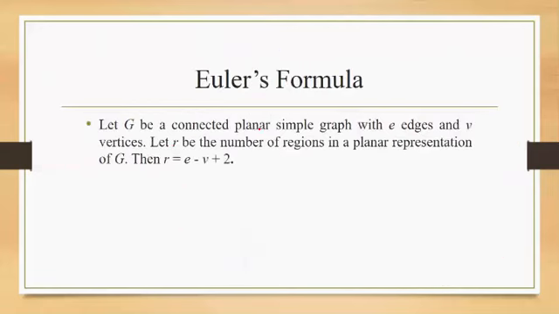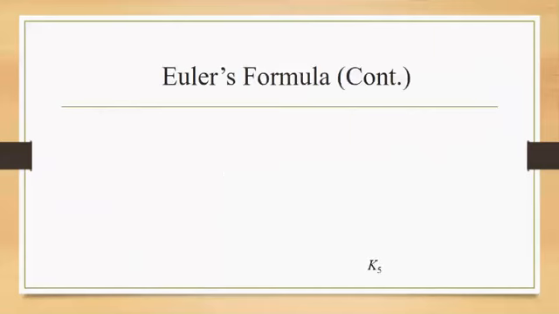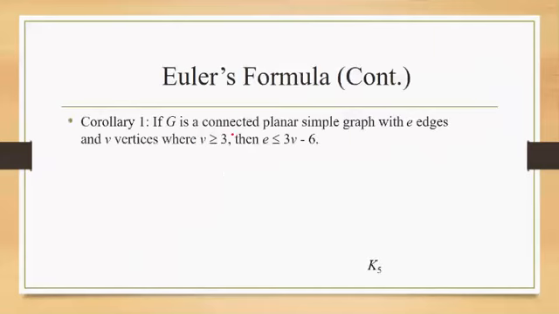Let G be a connected planar simple graph with E edges and V vertices, then this is Euler's formula for planar graphs. Now, if G is a connected planar simple graph with E edges and V vertices where V is greater than or equal to 3, then E is less than or equal to 3V minus 6.